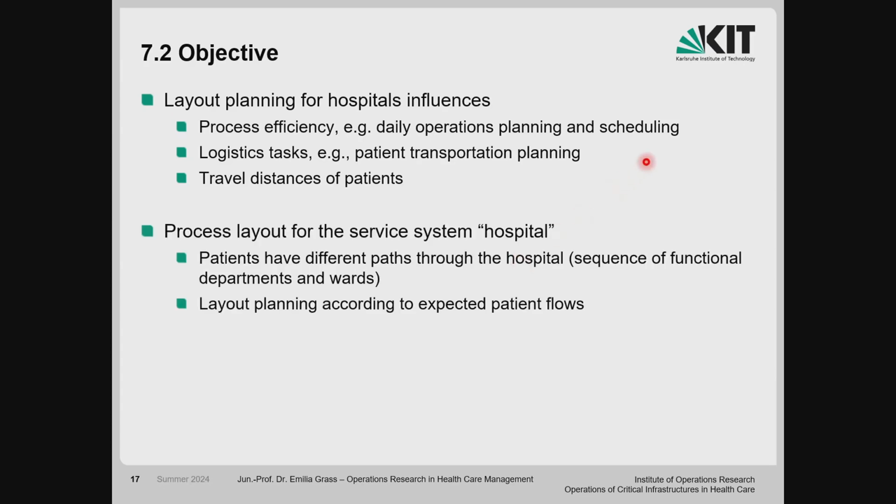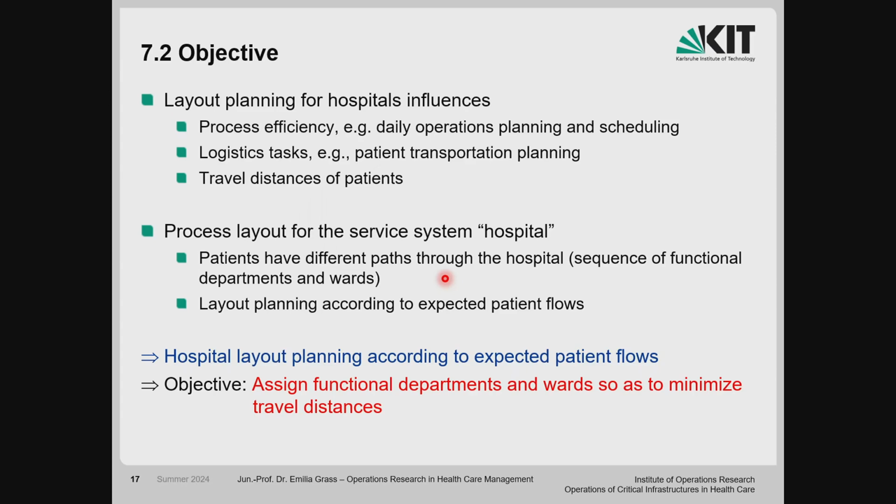Okay, and a process layout for the hospital as a service system: we know that patients have different paths through a hospital, through different functional wards because of their treatment requirements, and we have to plan the layout according to this expectation. Of course, not every patient will go as planned, but often they have some kind of expected path: first of all diagnostics, and then surgery, then maybe a discharge unit.